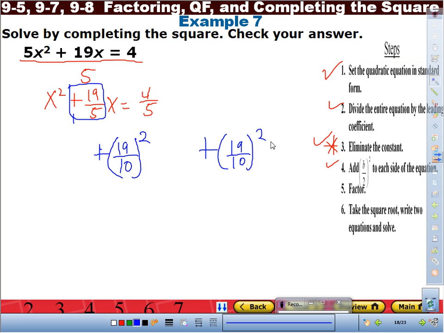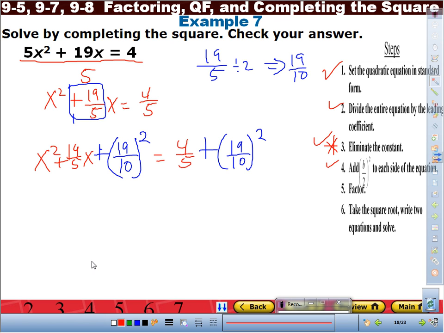Yes. And if you don't know, here it goes again. 19 over 5 divided by 2 becomes 19 over 10. And then we bring everything else down. x squared plus 19 over 5x equals 4/5. Are we there so far?